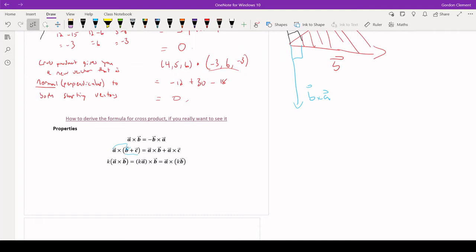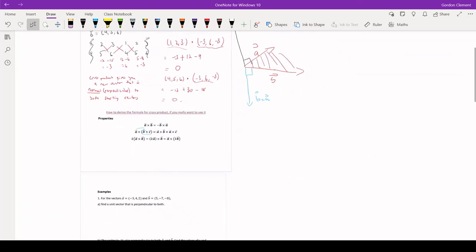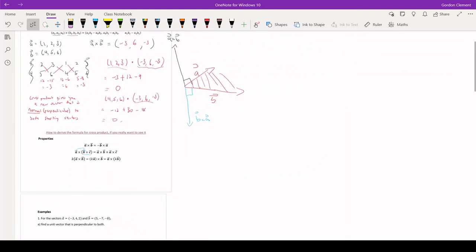The scalar multiplication can be done in any order, I guess is a way to phrase that third property. So it gives some vector perpendicular to both.